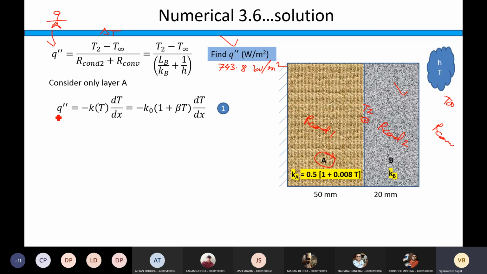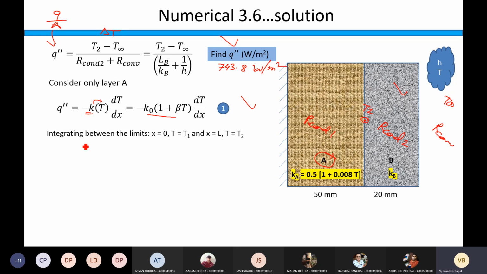It is taken on the left hand side. So I am writing Q double dash is minus K of T. K is a function of temperature. It is not K into T. Remember this. So dT by dx is minus K naught. Now this K is replaced by K naught times 1 plus beta T, right? And dT by dx is written as it is. So this is your equation.